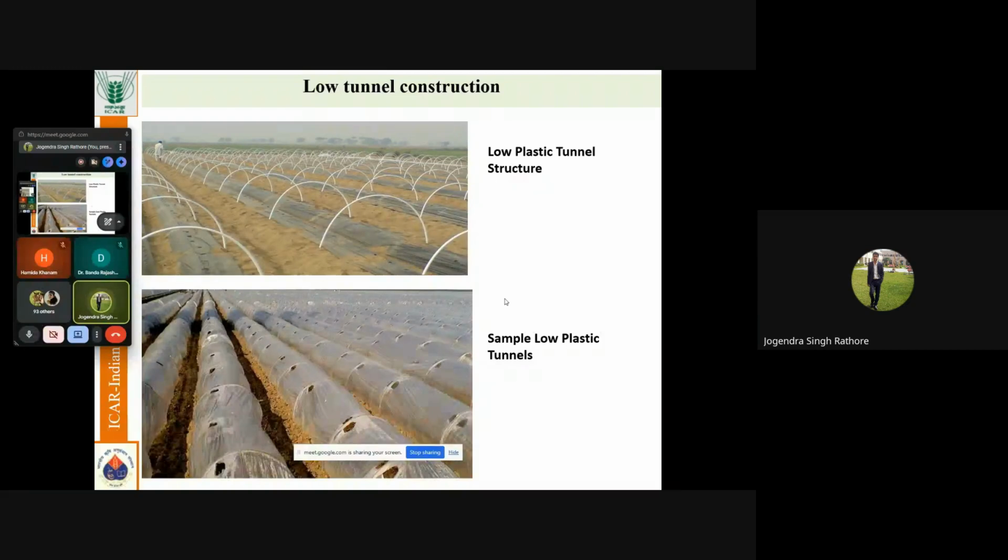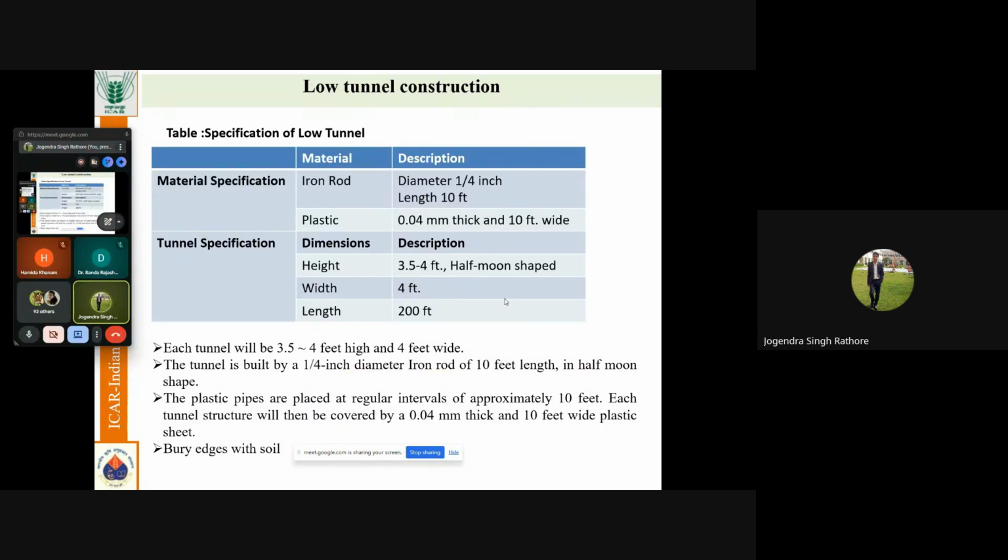So these are half moon structures. We can prepare them over the row, and width we can keep as per our bed, up to 4 feet, and length up to 200 feet. Each tunnel will be 3.5 to 4 feet in height and 4 feet wide, and they are constructed over a raised bed, and the hoops are installed at an interval of about 1 to 1.5 meters.